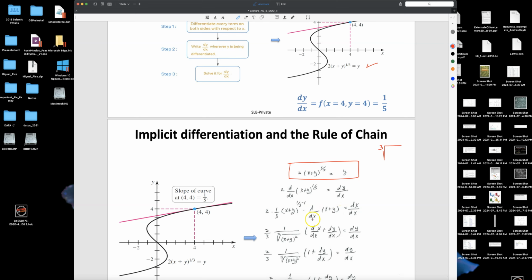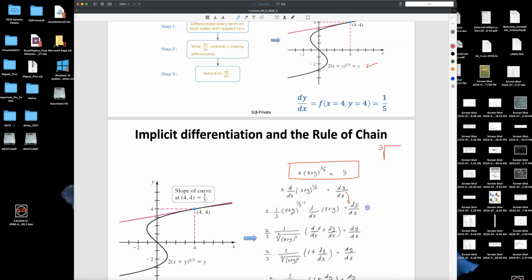So the derivative with respect to the independent variable of the inner function, that is x plus y, equals what I computed before. I'm not going to do anything here.